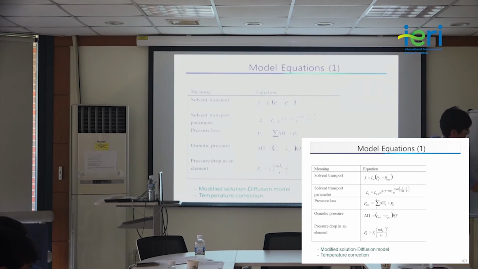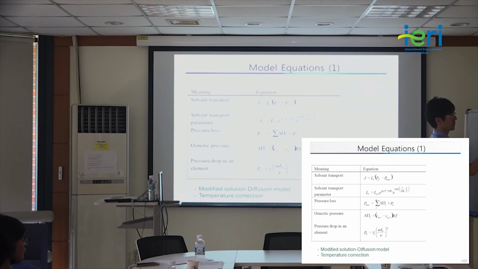Oh, I didn't want to explain too much about that, but since I started, I want to talk about that a little bit, which is related to the principle of the desalination, reverse osmosis membrane.